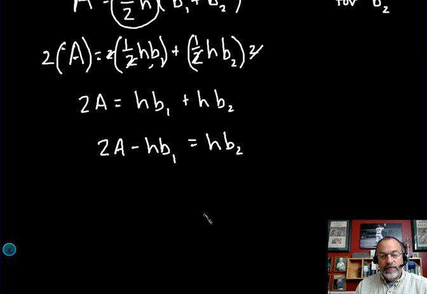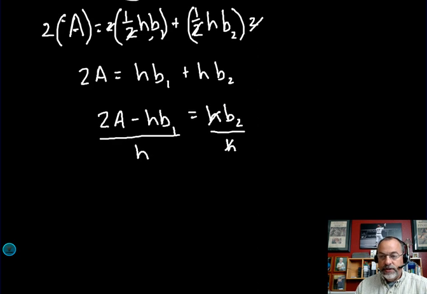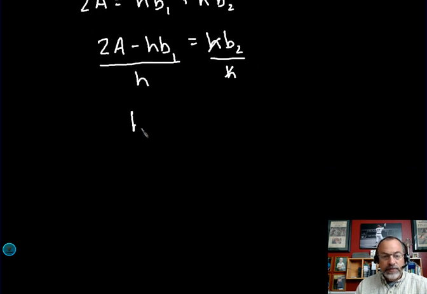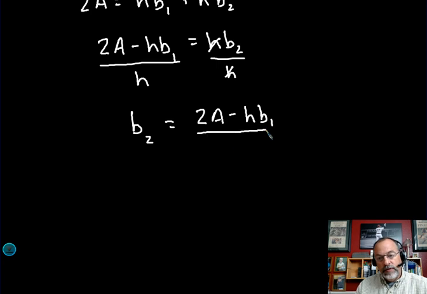And then I'm solving for b sub 2, so now I divide this by h, which means I have to divide this whole side by h. So symmetric property, move this over here. So b sub 2 equals 2a minus h b sub 1 over h would be my final answer.